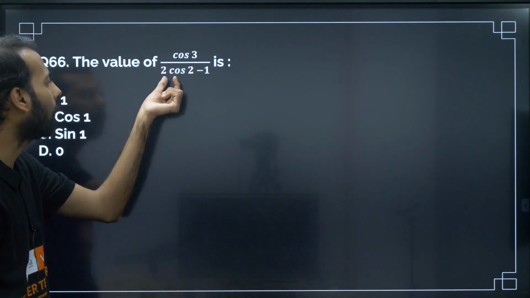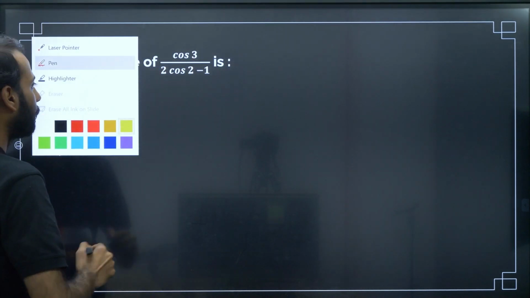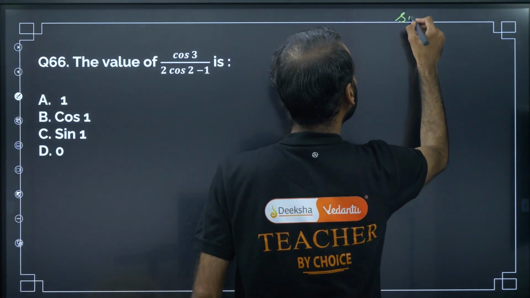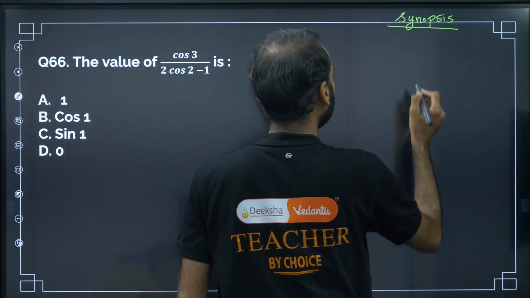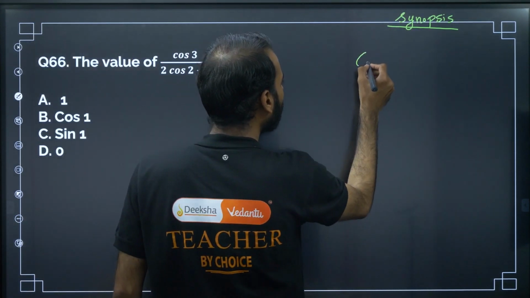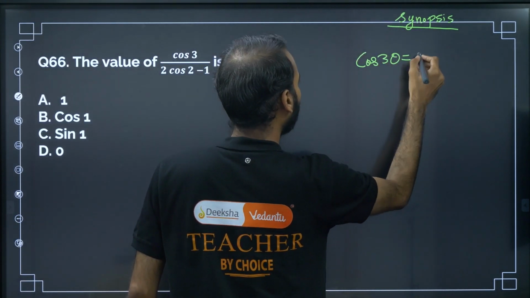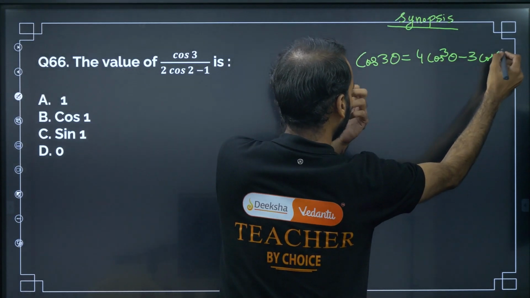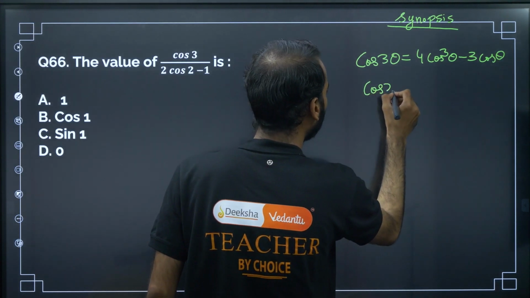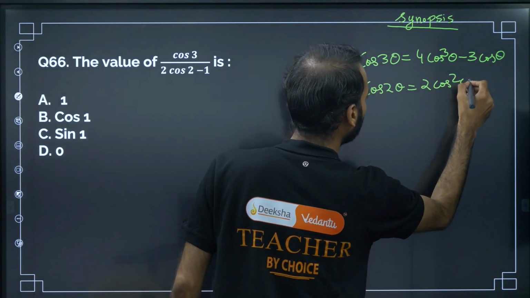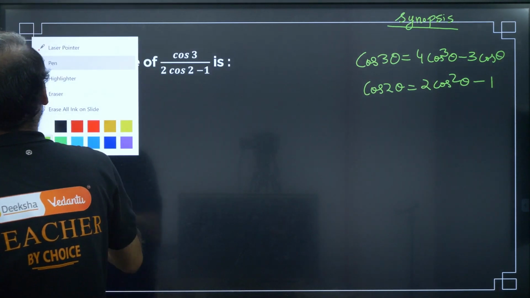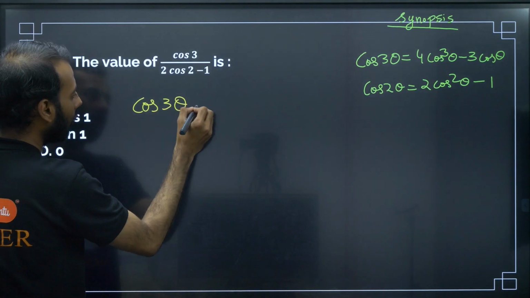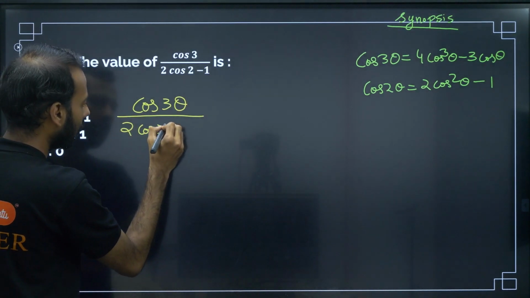The value of cos 3 theta by 2 cos 2 theta minus 1. To solve this, some synopsis points are needed. What are the synopsis points? From trigonometry you should be knowing this: cos 3 theta is 4 cos cube theta minus 3 cos theta, and cos 2 theta is 2 cos square theta minus 1. Now coming to this, cos 3 theta by 2 cos 2 theta minus 1.